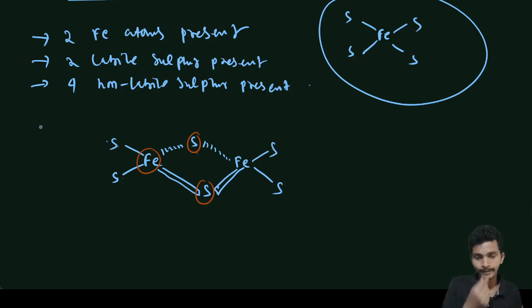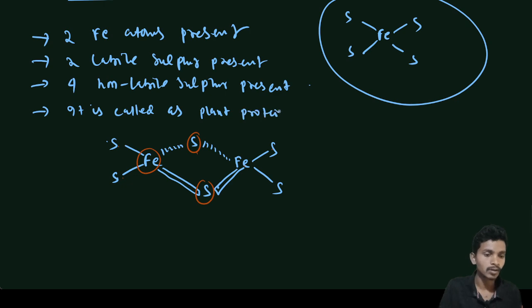Okay, and this Fe2S2 is called plant protein, or we can say photosynthetic ferredoxins, or photosynthetic plant proteins.